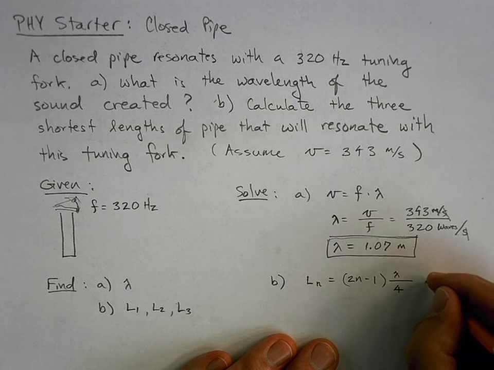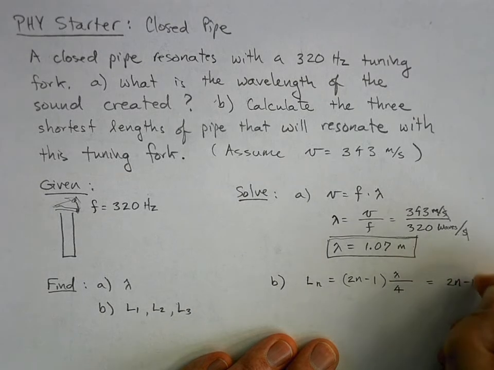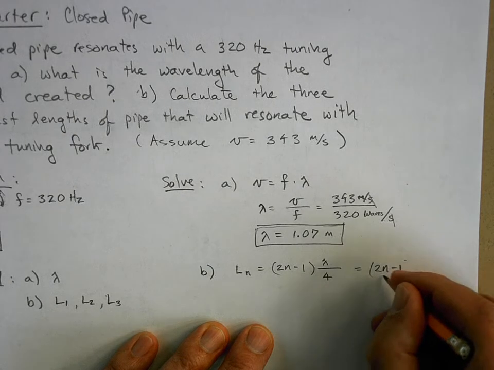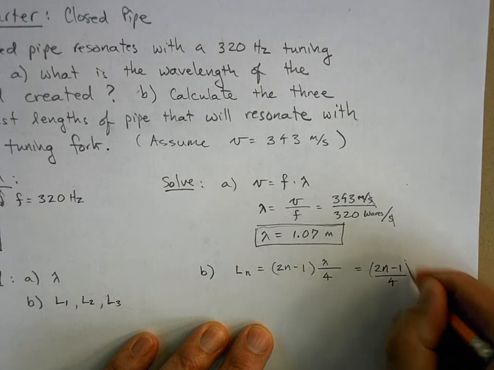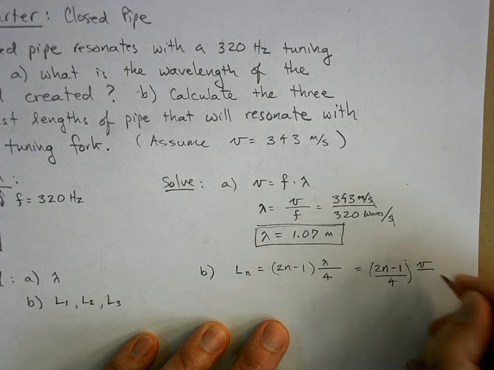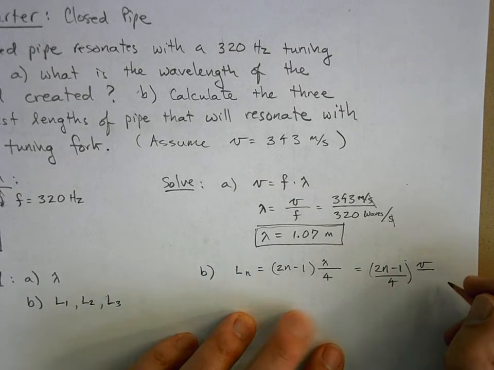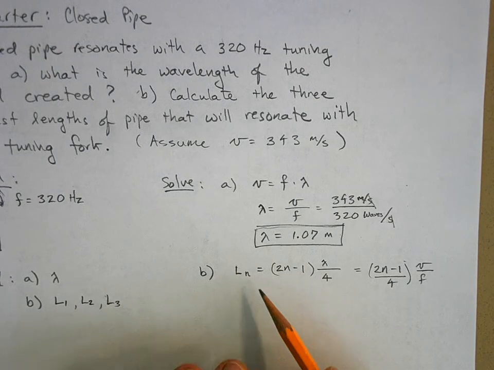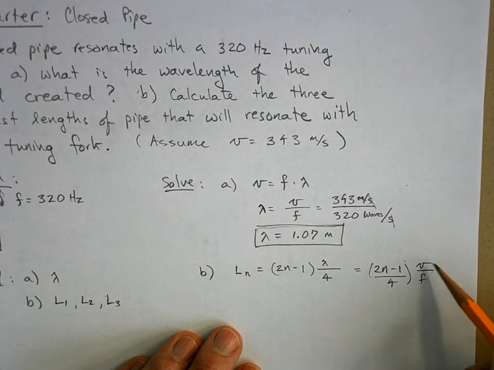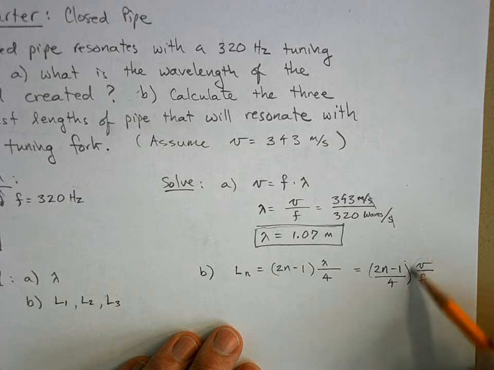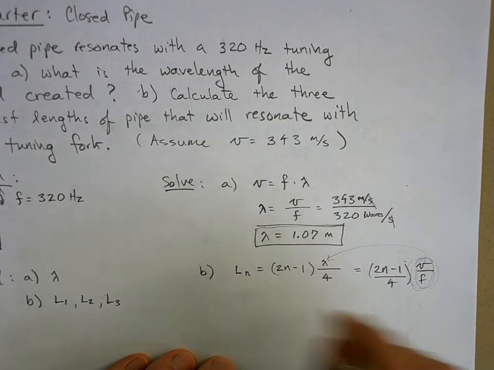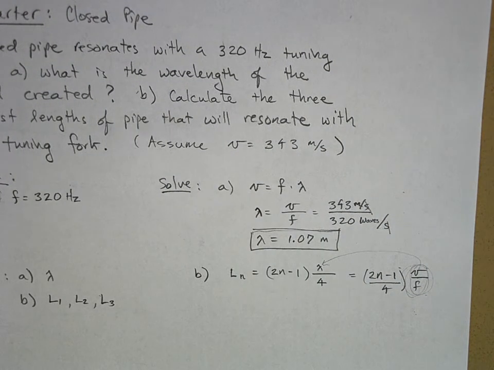You can also say that it's 2n minus 1 over 4, and then you can put v over f. So if you're given the frequency, you have to take the velocity of the wave divided by the frequency. But notice the velocity divided by frequency is wavelength. So this is just a different version of this equation that you can use.